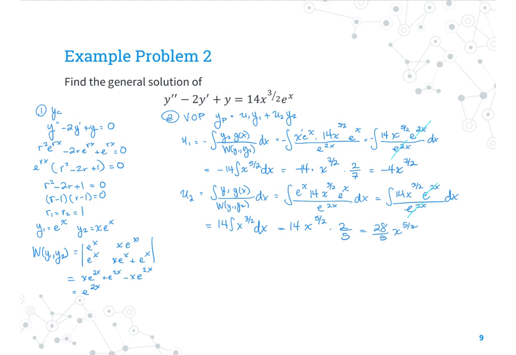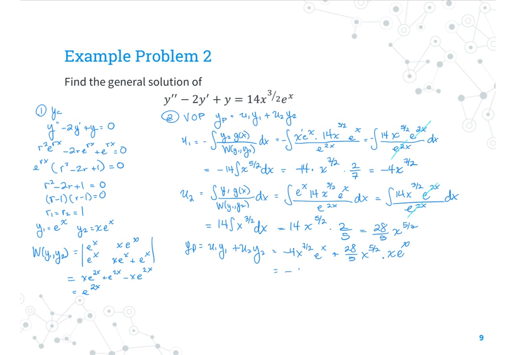So now we know that our y sub p is u1 y1 plus u2 y2, or negative 4 x to the 7 halves e to the x plus 28 over 5 x to the 5 halves times x e to the x. Well, now we can combine those x's, because that's x to the 1.